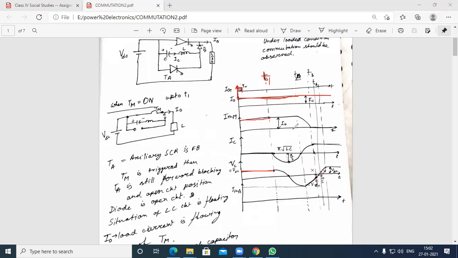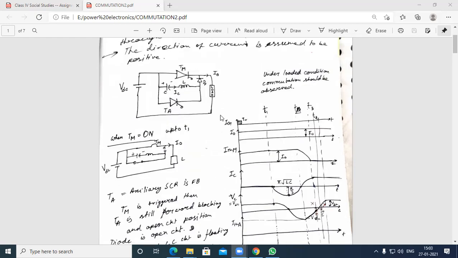Now at T1, when the auxiliary thyristor is turned on, the diode will still be in the off state, and current will flow from anode to cathode in the auxiliary thyristor. The main thyristor is carrying only the load current.